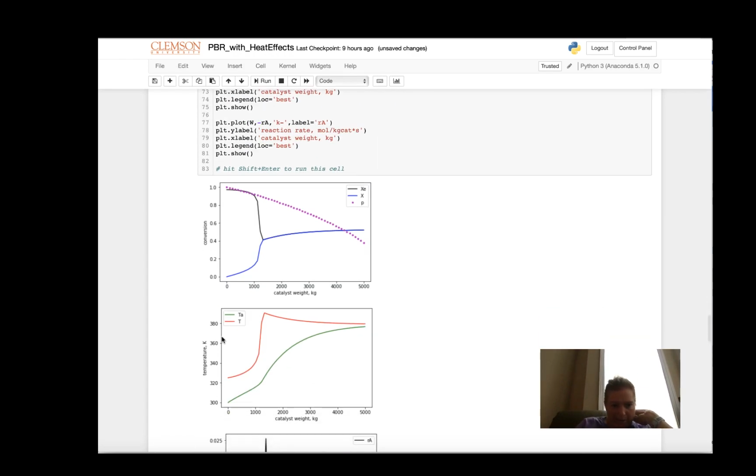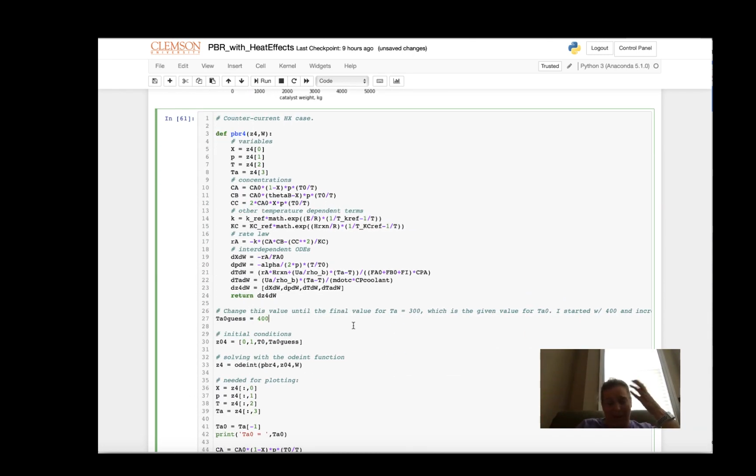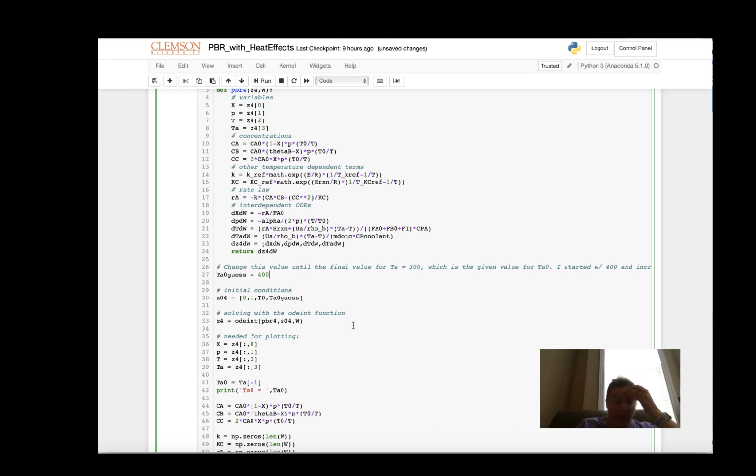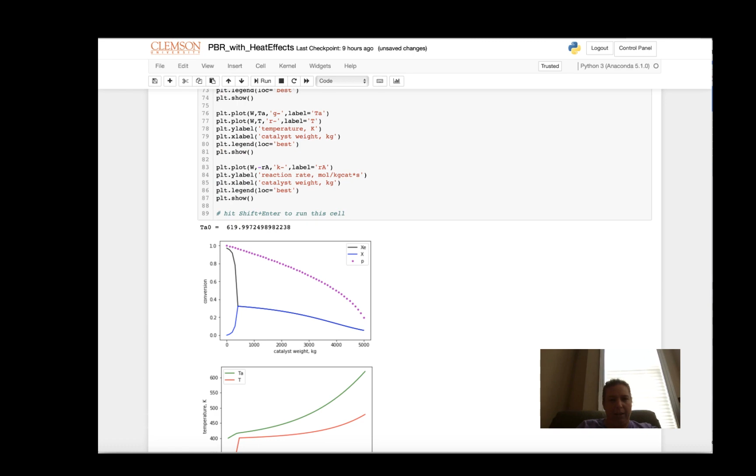If I go back and look at my co-current case, the temperature of the cooling fluid is increasing, and the exit temperature in this case would be somewhere between 360 and 380. So anywhere around there is fine. I just kind of almost arbitrarily chose 400.